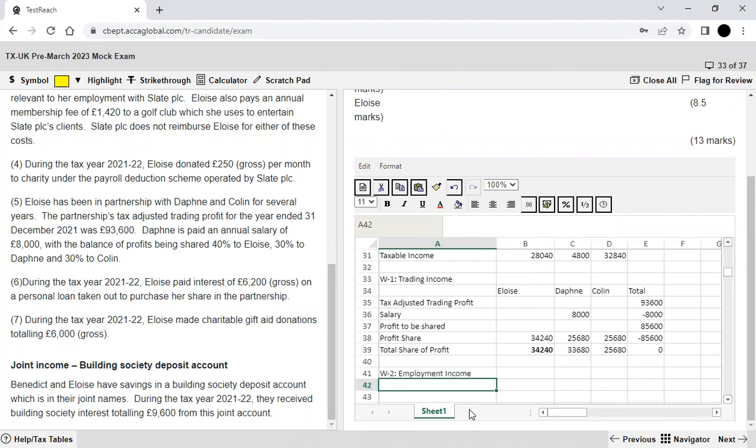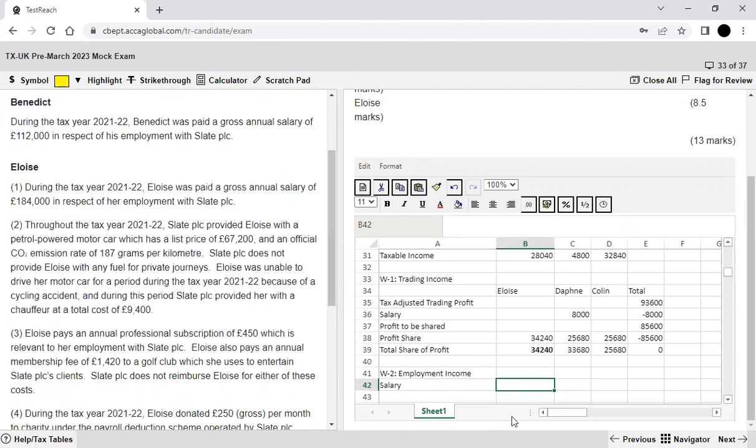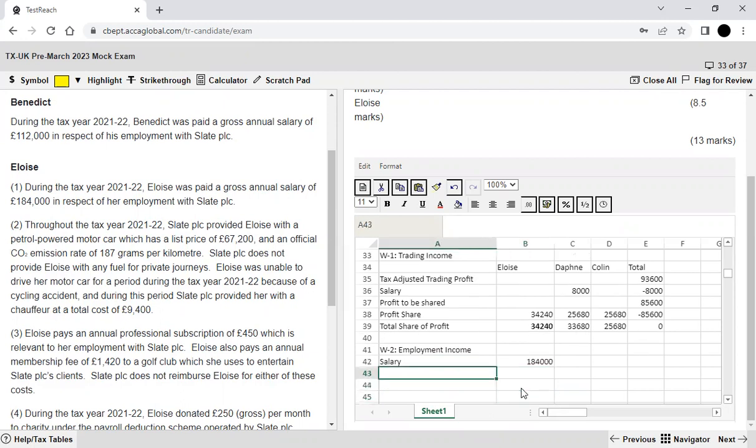Working 2 is basically the calculation of employment income. What will be the calculation of employment income? Car benefit.